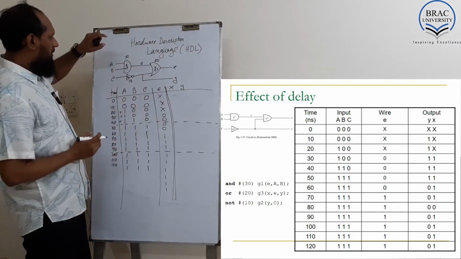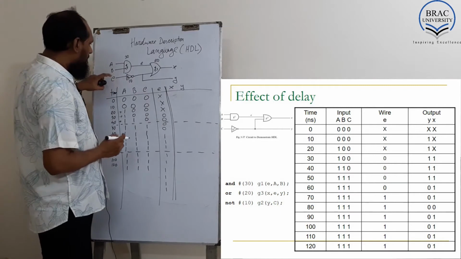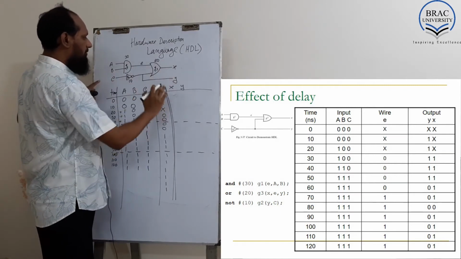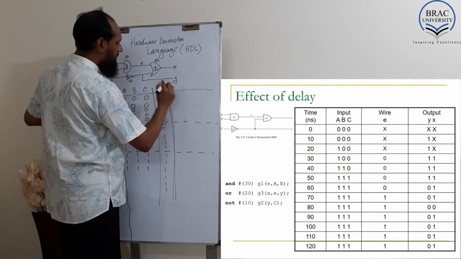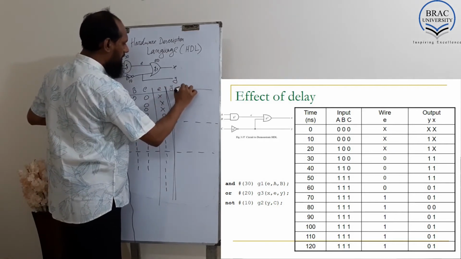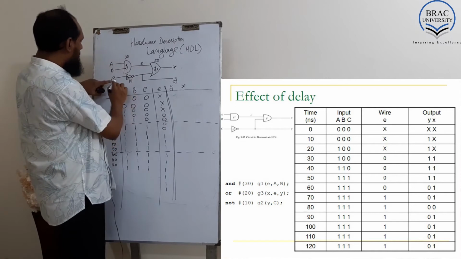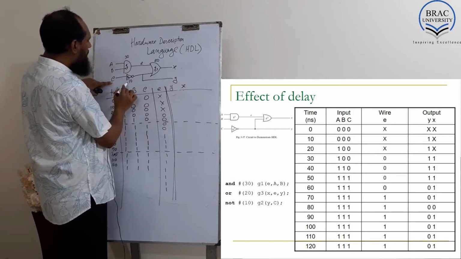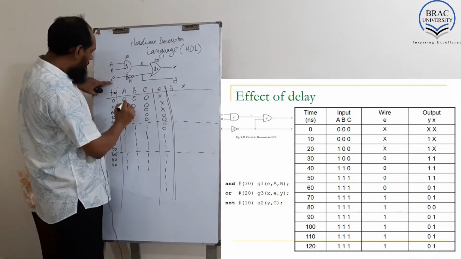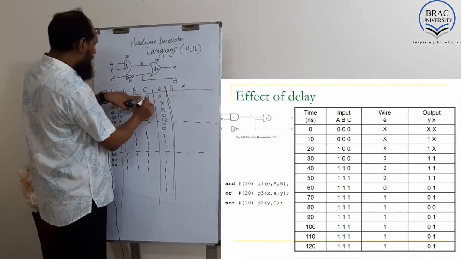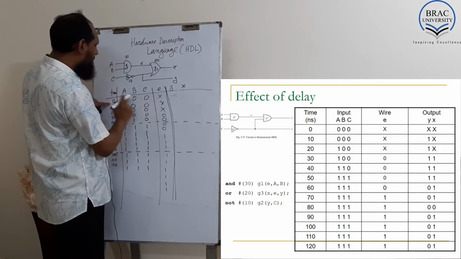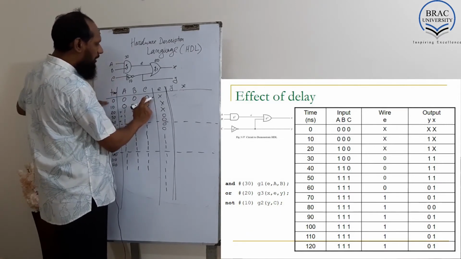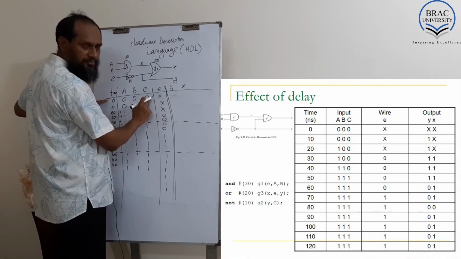Now, let us consider, first we will get the value of y. We will consider x later. So, just let me change it. First y, then x. We will get the output y after how many nanoseconds? Just 10. So, at time 0, it was 0. So, we will get the NOT output as 1 after 10 nanoseconds.